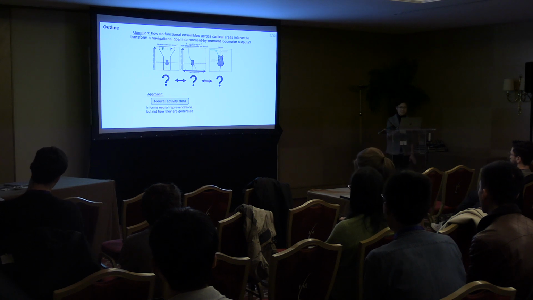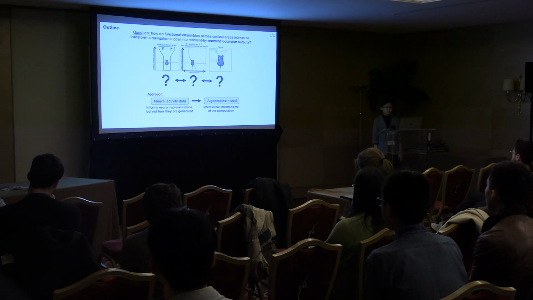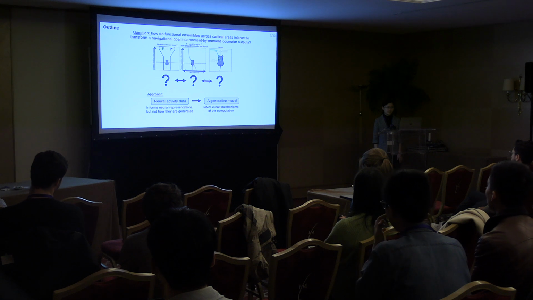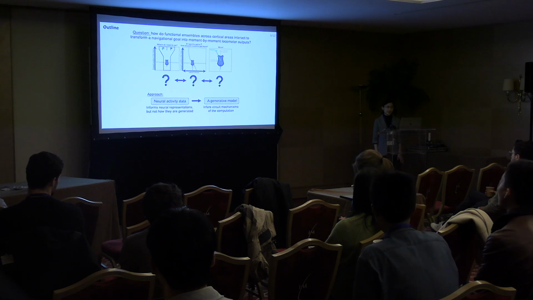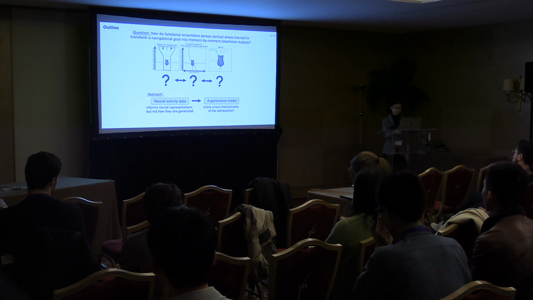Alternatively, you can do optogenetics, but it can be very time-consuming, and spatial resolution can also be limited by the available tools. So in this project, we want to take a computational approach. The hope is we can have a generative model, and when it is very well constrained by animal data, we can use the model to help us infer certain mechanisms of the neural computation.